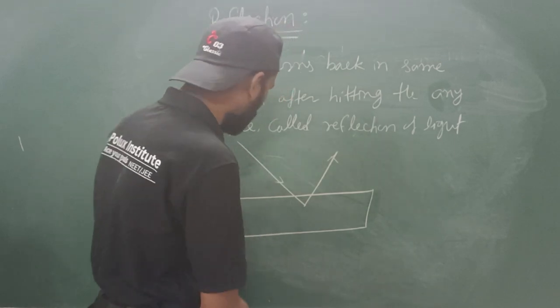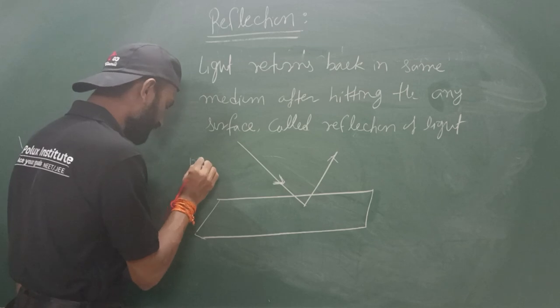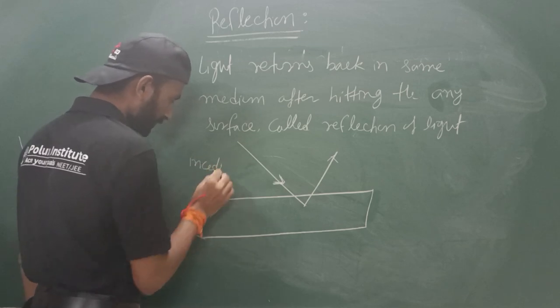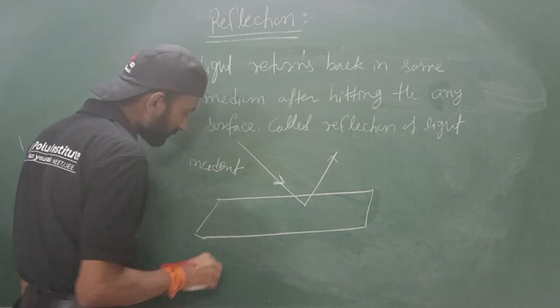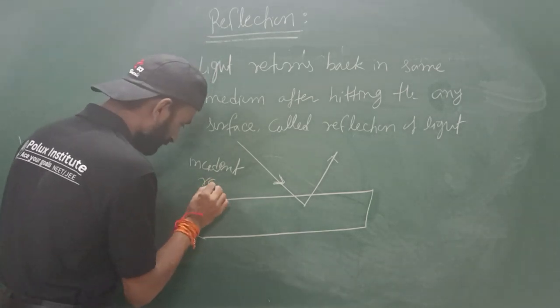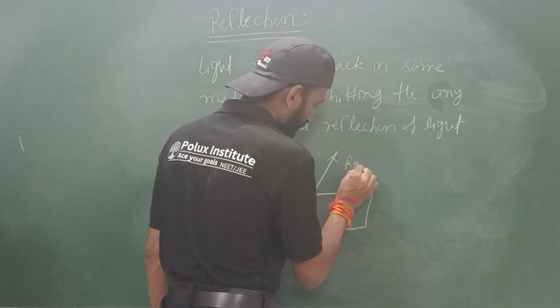Okay. The coming ray is called the incident ray, and the going ray is called the reflected ray.